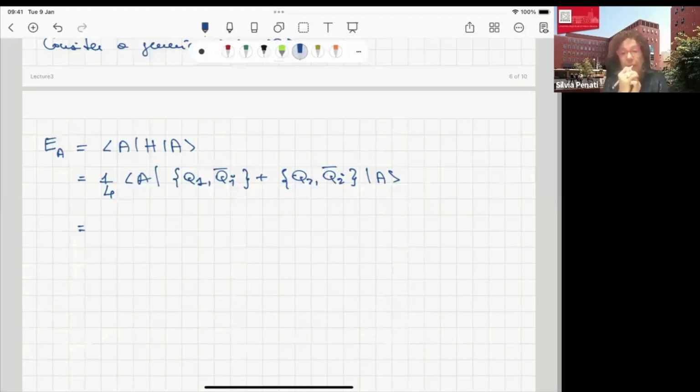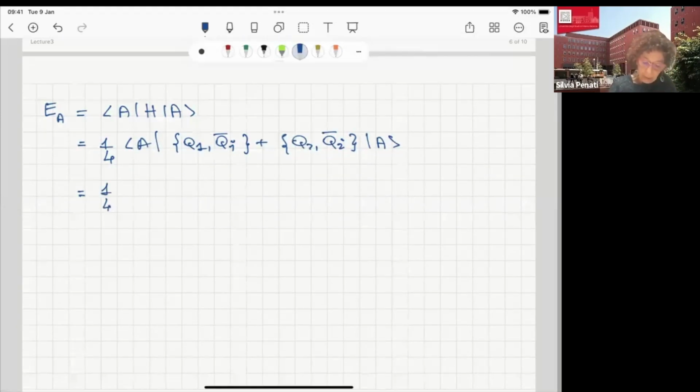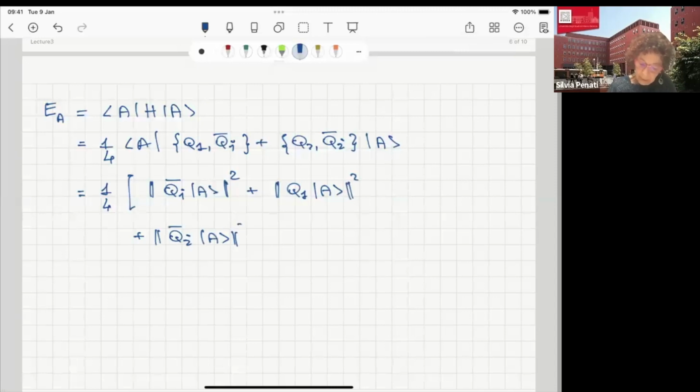You simply write the anti-commutator explicitly as Q Q bar plus Q bar Q, and you will immediately realize that this is nothing but 1/4 the norm of the state Q bar 1 dot A squared, plus the norm of the state Q1 A squared, plus the norm of Q bar 2 dot A squared, plus the norm of Q2 A squared. I hope this is easy for you to understand.